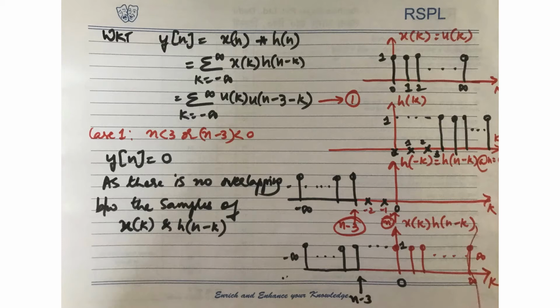So if you observe carefully, in this case the samples of both the signals are not overlapping. That means I cannot multiply any of the samples of u of k with u of n minus k minus 3. So therefore y of n is equal to 0 for the first case, that is n less than 3.